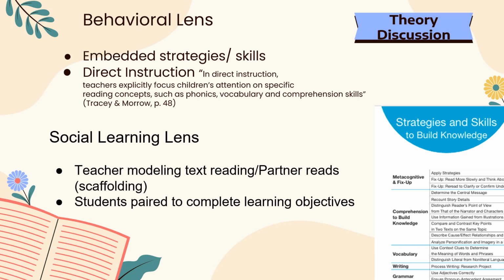And in the bottom right-hand corner, you can see an example of a strategies and skills chart that is included in each unit in this program. And one of the strategies at the top that's talked about is metacognitive strategies and fix-up to aid students in reading comprehension. Also, we noticed that the social learning lens is represented.